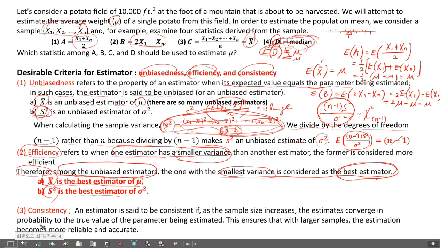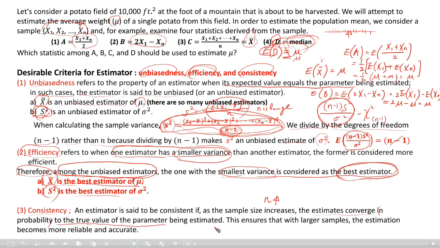Okay. Another one is consistency. An estimator is said to be consistent if, as the sample size n increases, the estimate converges in probability. You can ignore this 'in probability'. The estimate converges to the true value of the parameter being estimated.